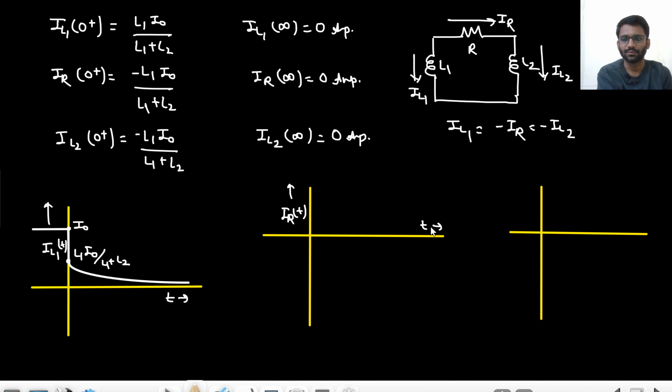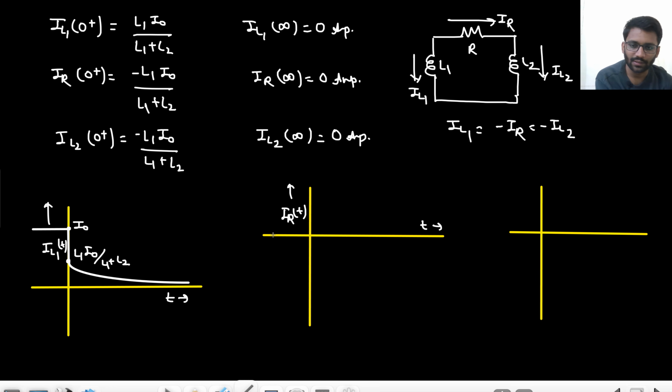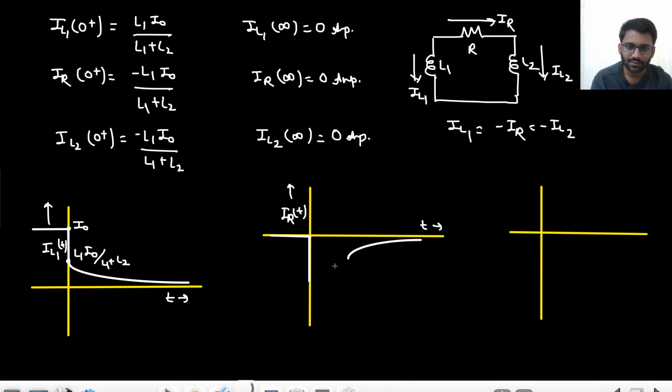Okay, and in this case initially the current is 0, then it rises to this negative value, then decays down to 0. In case of IL2, actually IL2 and IR will be the same, both are the same only, no difference.